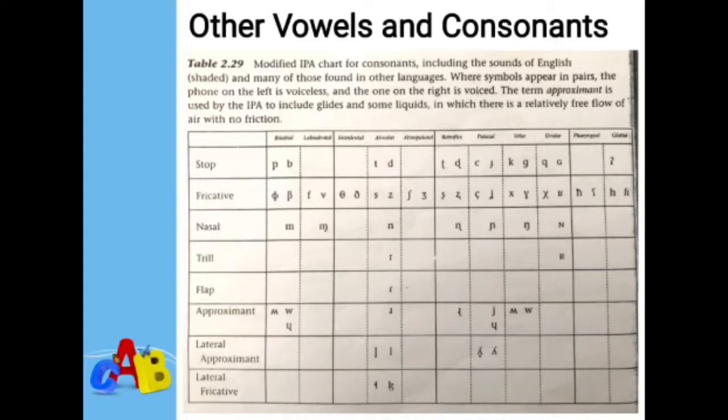And then in the velar we have k. The example of that is cat. And then g. The example of that is game. And in velar stop we have k. The example of that is kulok in Uzbek language. And then we have g.